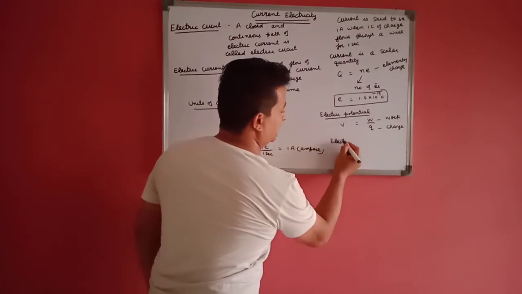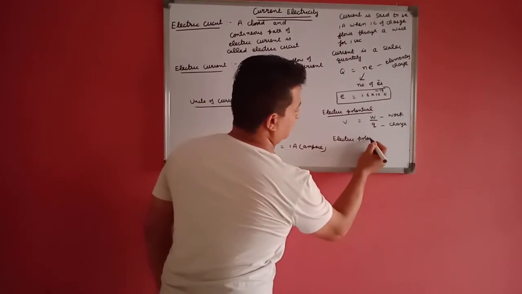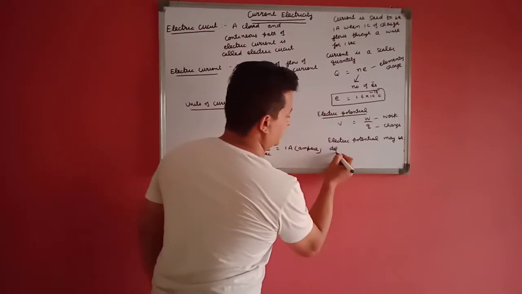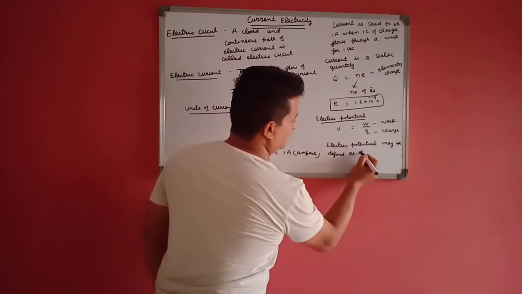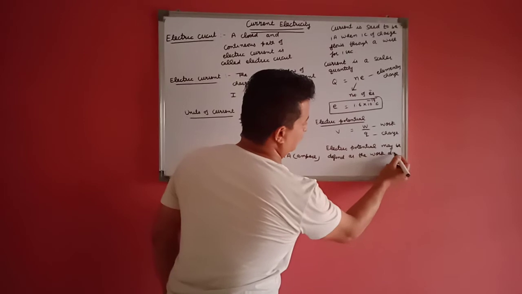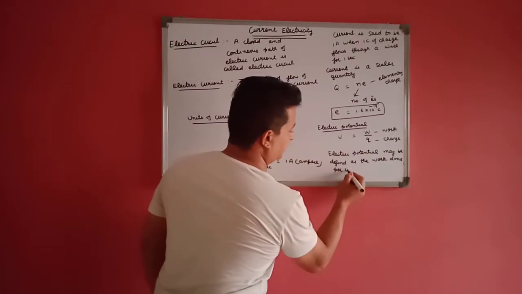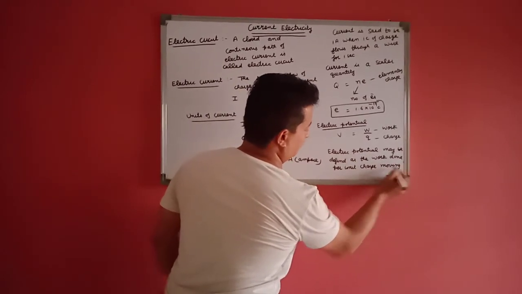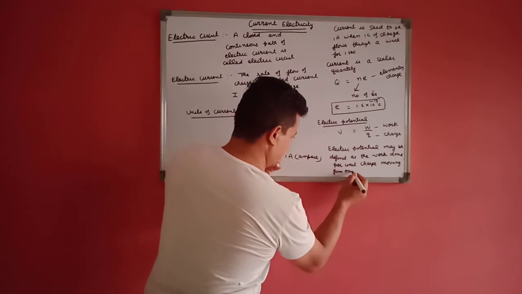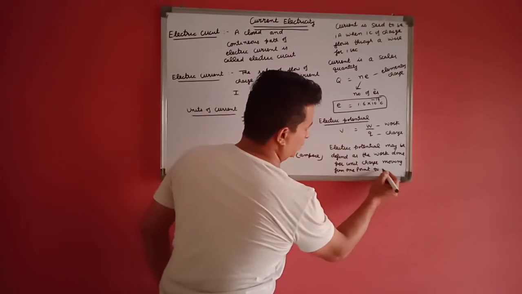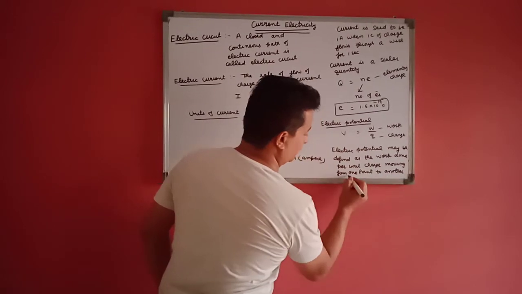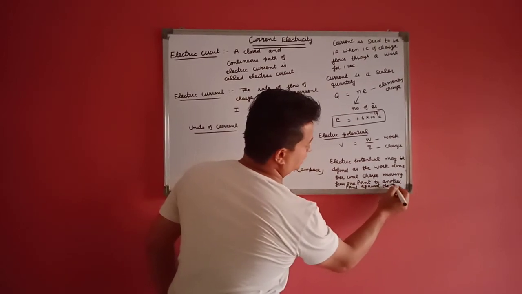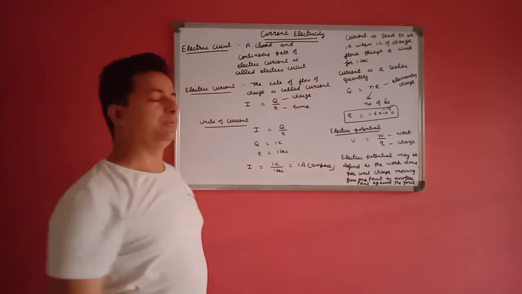Definition: electric potential may be defined as the work done per unit charge moving from one point to another point against the force. This is the definition of electric potential.